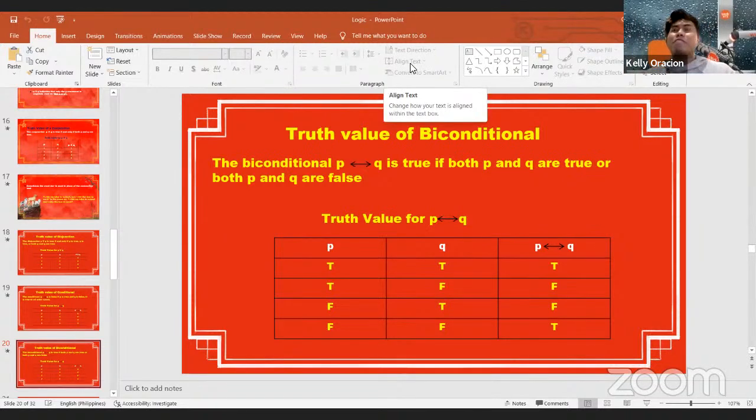Same goes with false. If P is false, Q should be false for the whole statement to become true. And as you can see also, if P is true and Q is false, the whole statement becomes false.